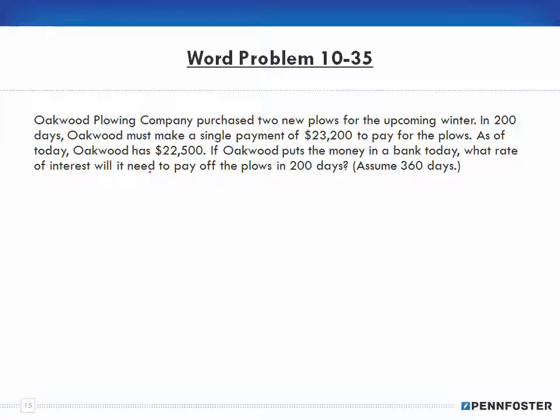In 200 days, Oakwood must make a single payment of $23,200 to pay for the plow. As of today, Oakwood has $22,500. If Oakwood puts the money in the bank today, what rate of interest will it need to pay off the plows in 200 days?